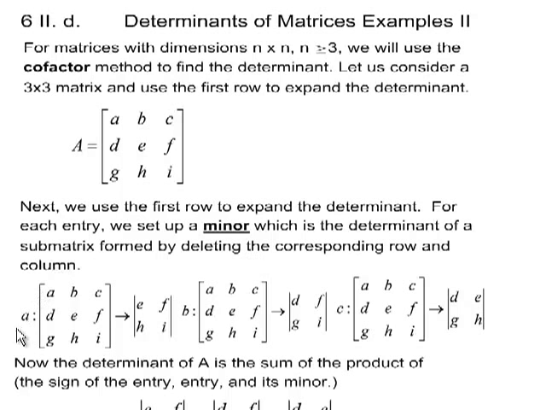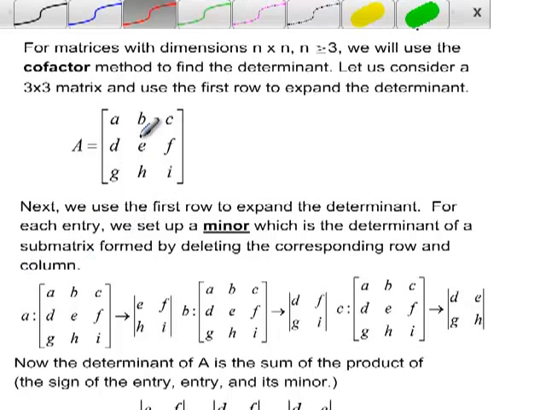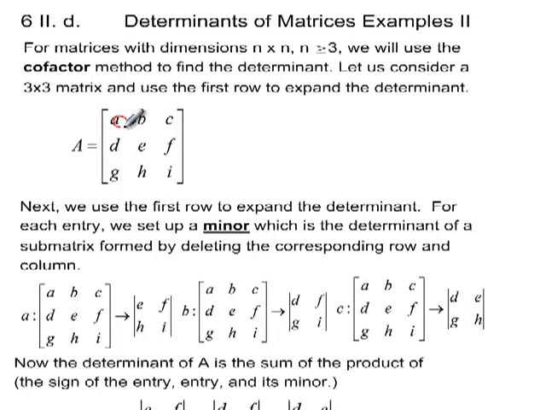So what I mean by the minor for A is the following. If you're going to use A, you take out the row and the column corresponding to A. The remaining submatrix will be E, F, H, I, and you just need to take the determinant.